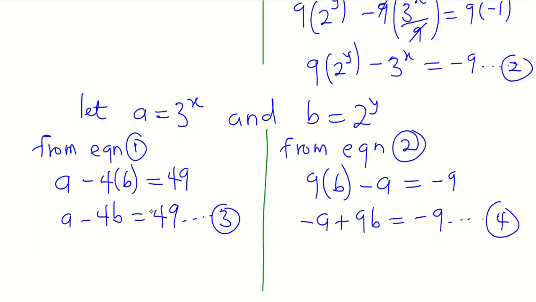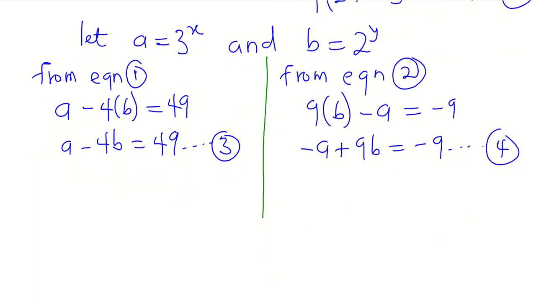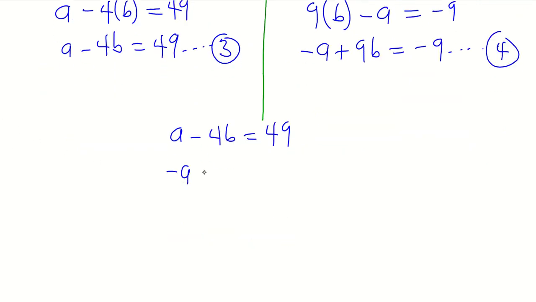Now we have two equations here, so what we can do is solve them simultaneously, using the elimination procedure. So eliminating a, we can write equation 3 first, that is a minus 4b is equal to 49, and we have minus a plus 9b is equal to minus 9.